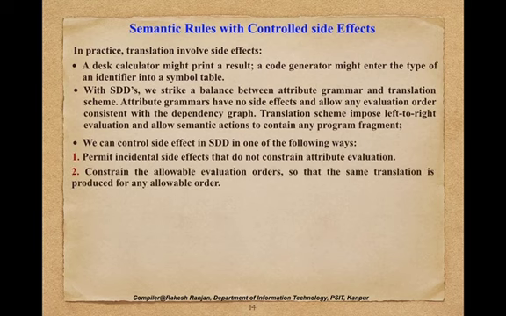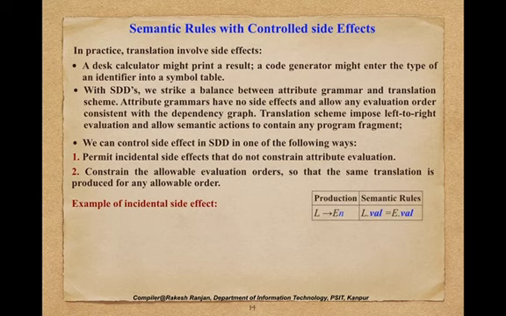We can control side effects in SDD in one of the following ways. Number one, permit incidental side effects that do not constrain attribute evaluation. Number two, constrain the allowable evaluation orders so that the same translation is produced by any allowable order. Example of incidental side effect: we can modify some semantic rule to print the result.